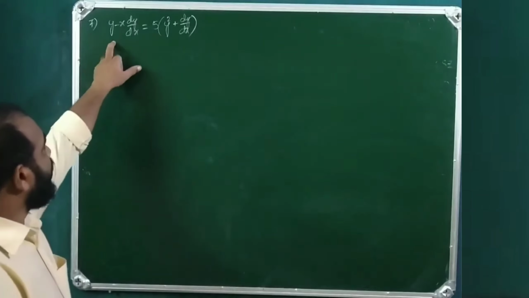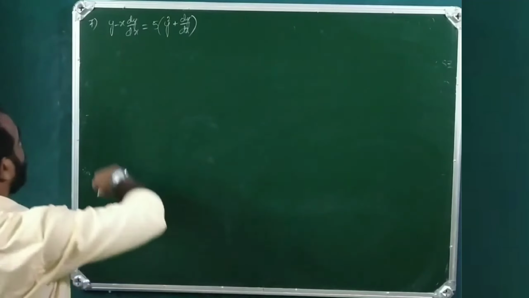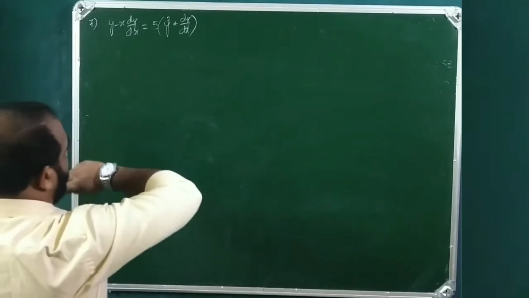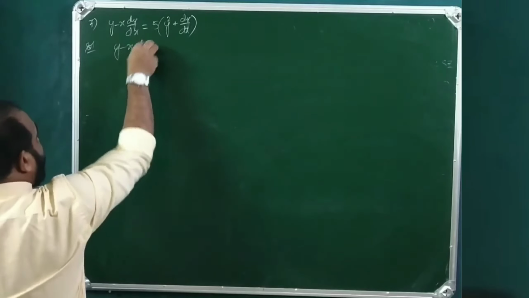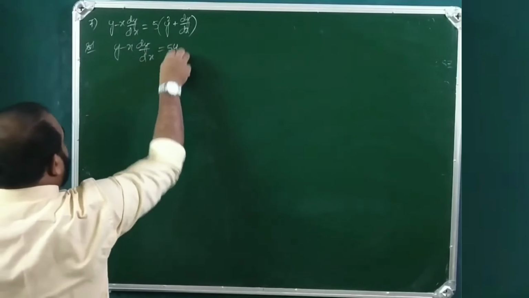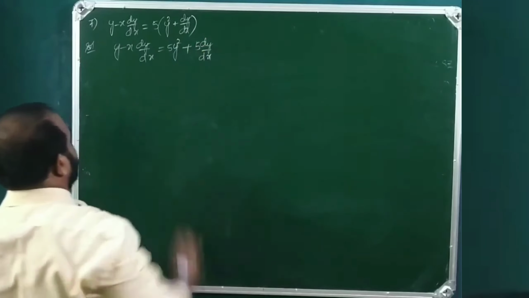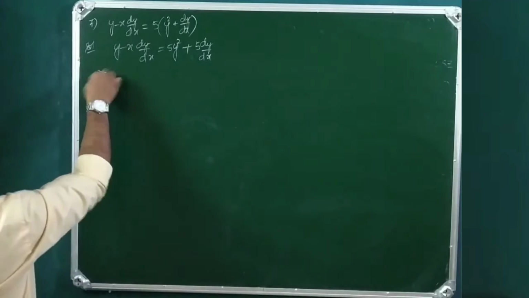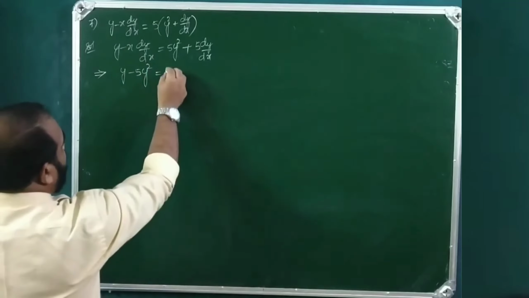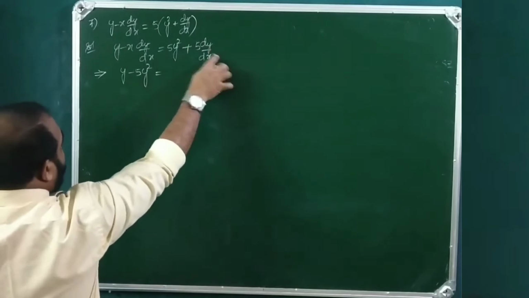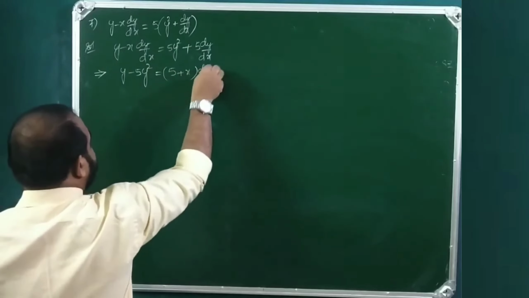The next question is y minus x dy by dx is equal to 5 into y square plus dy by dx. So this is y minus x dy by dx is equal to 5y square plus 5 dy by dx. This is equal to y minus 5y square is 5 dy by dx plus x dy by dx. So this is 5 plus x dy by dx.